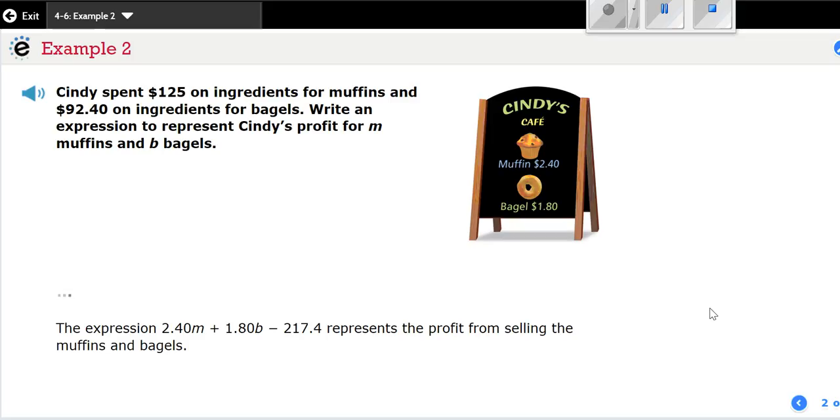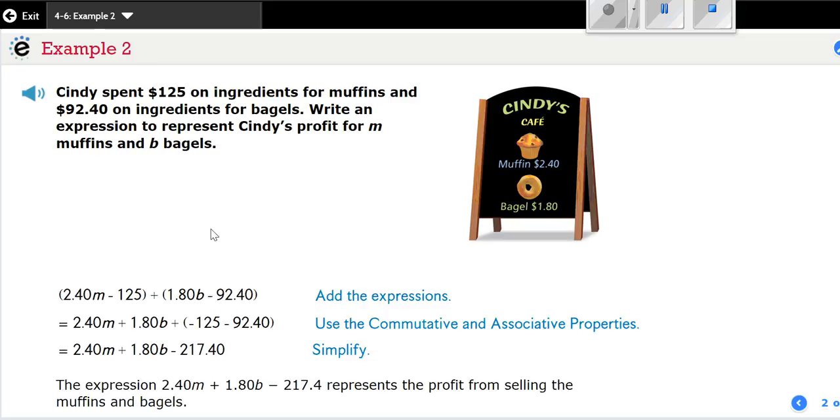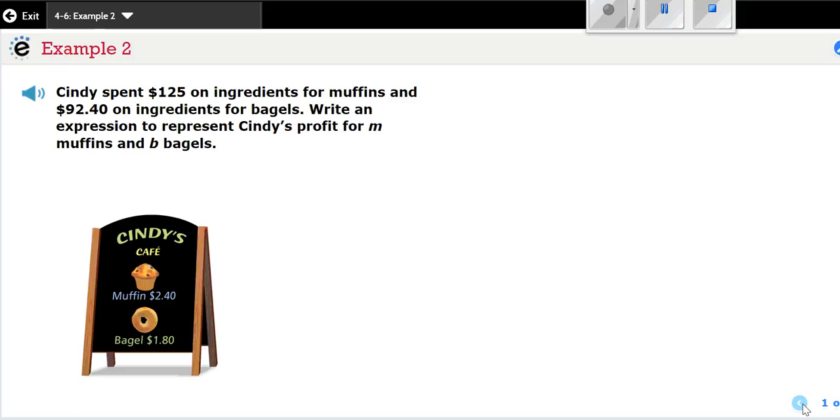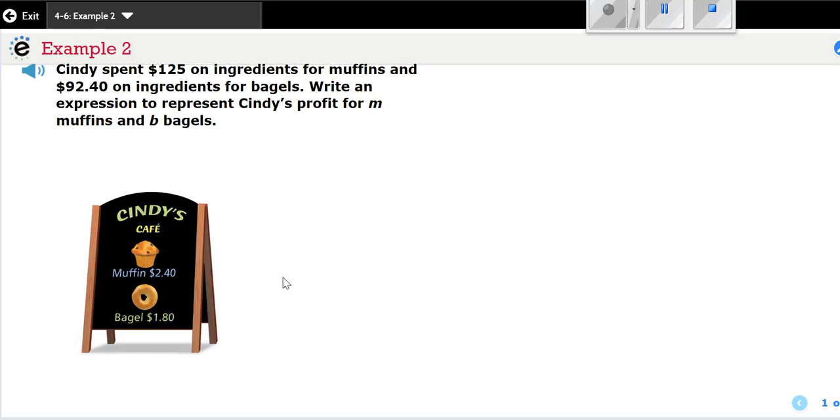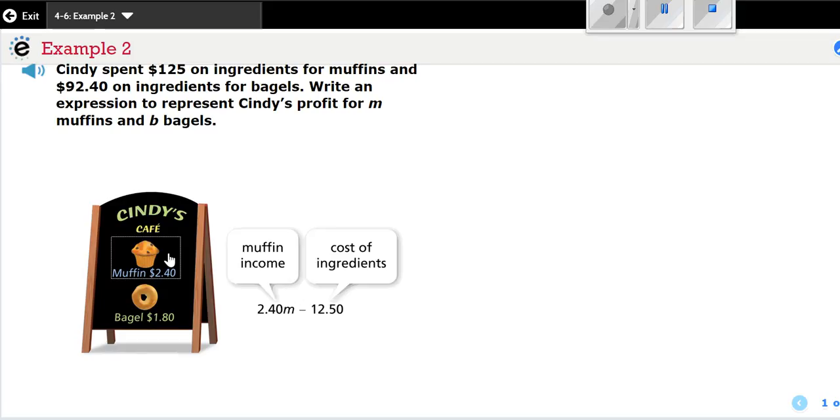So first of all, it decides to take forever to load this up. But we come away with two expressions. There it is. All right. Here's the price of a muffin, how many muffins I'm selling, and the cost of ingredients is $125, not $12.50.